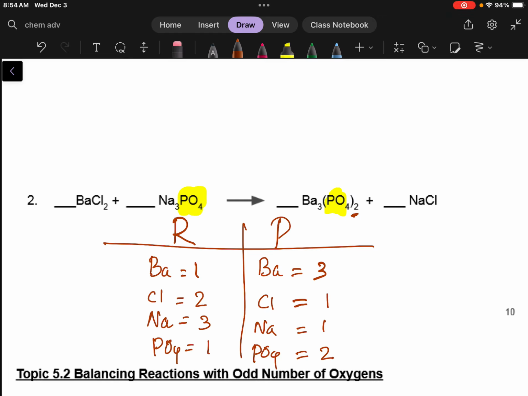Now we are going to balance the elements. There is 1 Ba here, 3 Ba here, and you are going to multiply with what? 3. So I am going to multiply this with the 3. What happened to chlorine? 3 times 2 becomes 6. So chlorine is 6. I have to make this into 6 by multiplying with the 6.